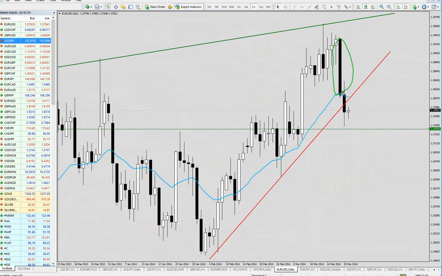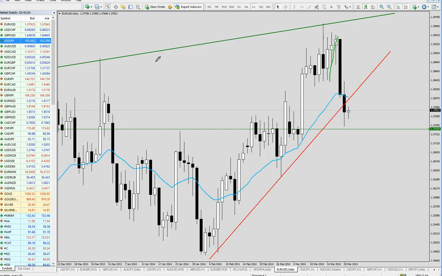The next day we broke to the downside of the 20 moving average on daily, and we broke down the red line, which means it's a trend line on weekly. But still, it's a Friday. So based on the weekly chart, we can easily get back above the line.